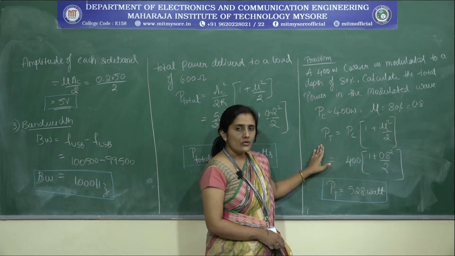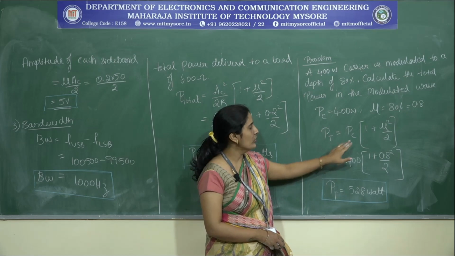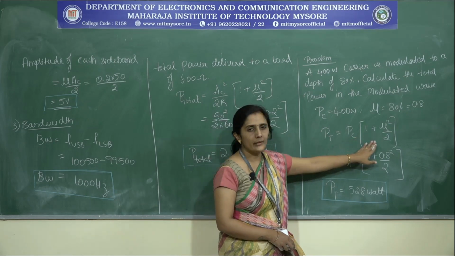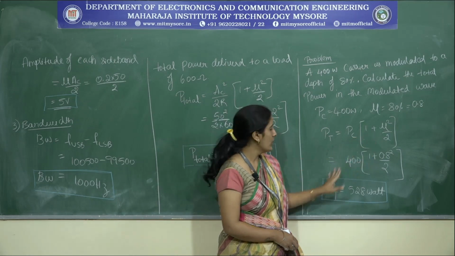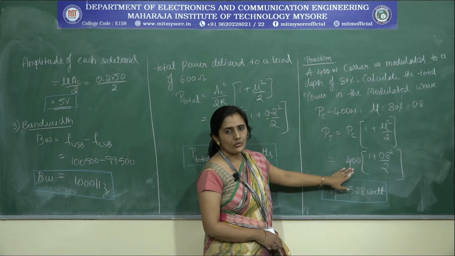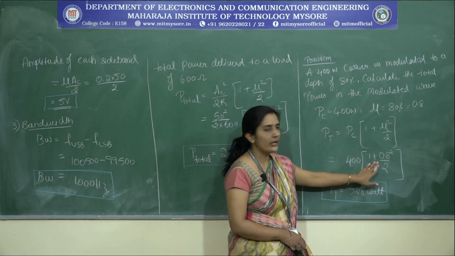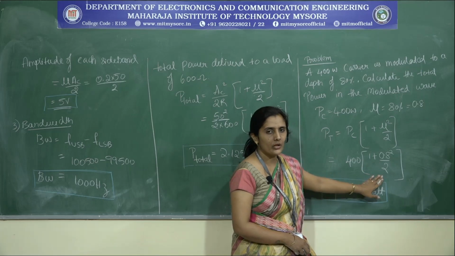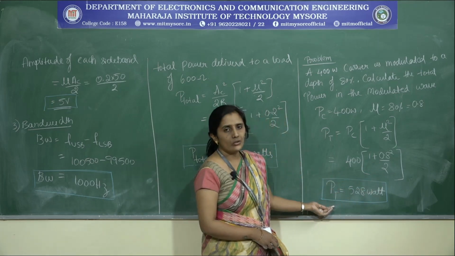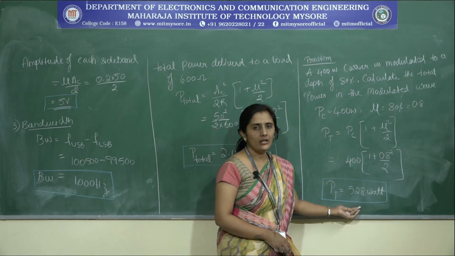Now we know the equation: total power is equal to carrier power into 1 plus mu square divided by 2. After substituting 400 into 1 plus 0.8 whole square divided by 2, we are going to get the total power of 528 watts.